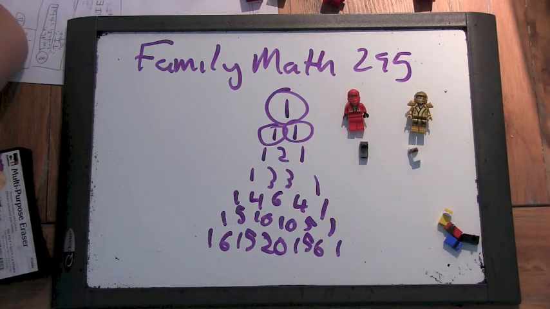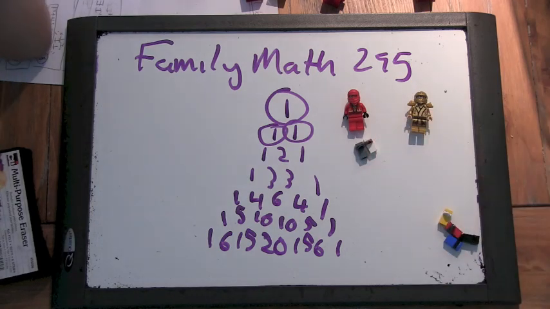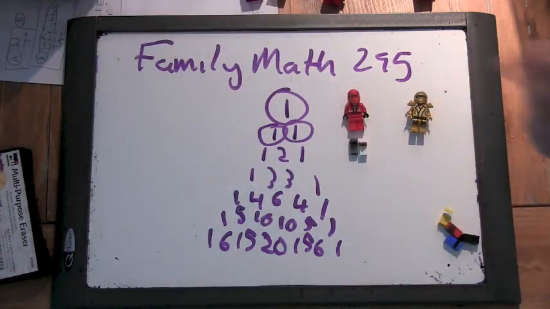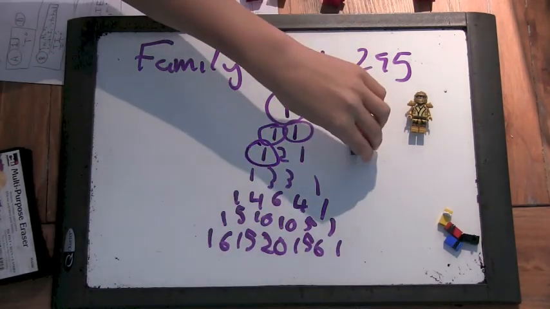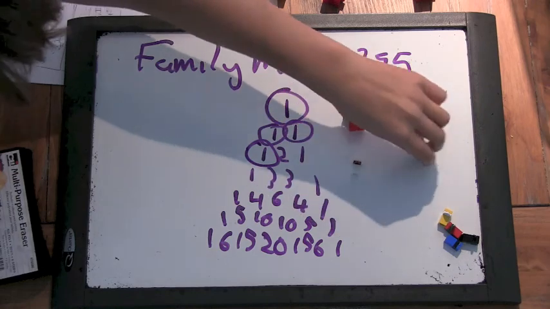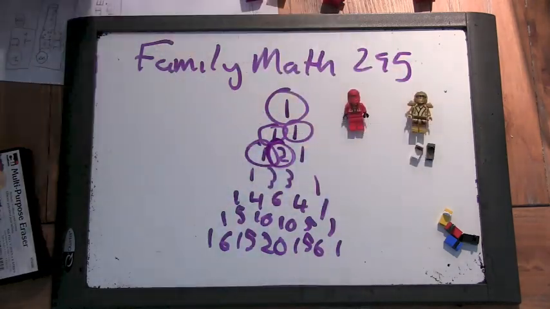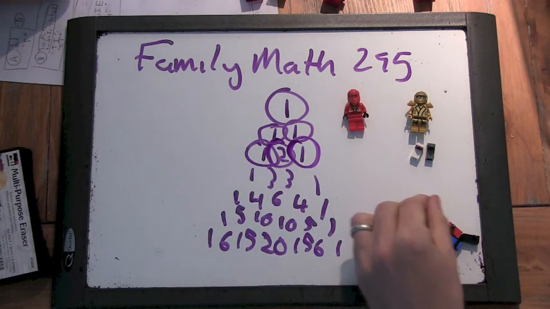So how many ways were there to go both with the red? Just 1. How many ways were there to split apart? 2 ways, because you can split apart like that or like that. And how many ways were there to go with the yellow? Just 1.